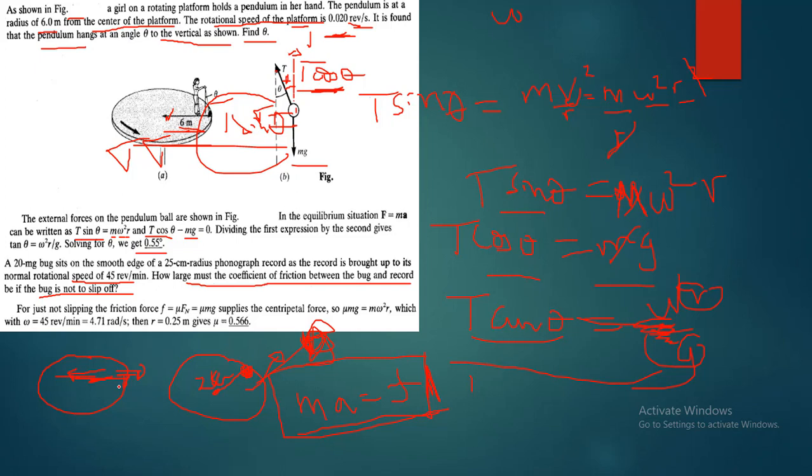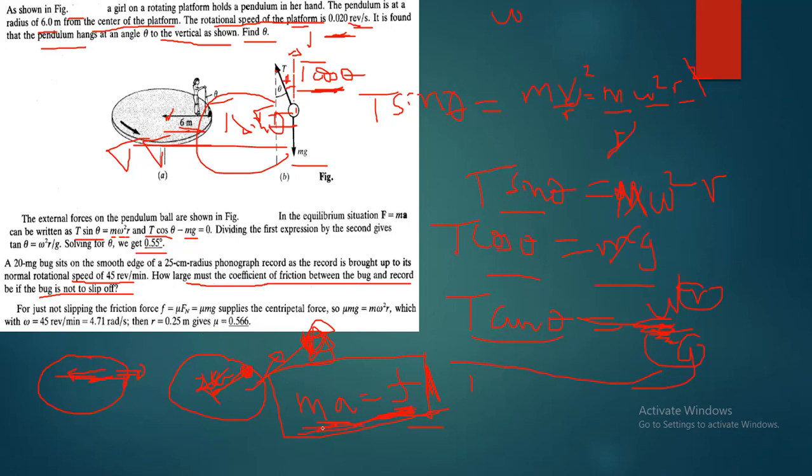The radial acceleration must equal the friction, because however it accelerates, the centripetal force pulls it inward, but the bag opposes it. So the radial acceleration equals the friction force. You equate the two.